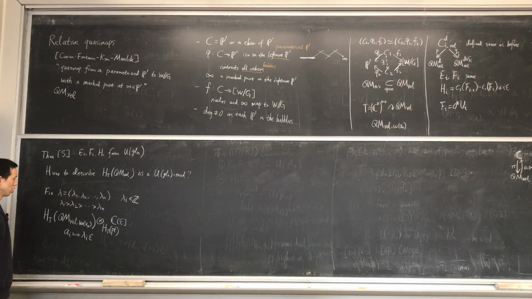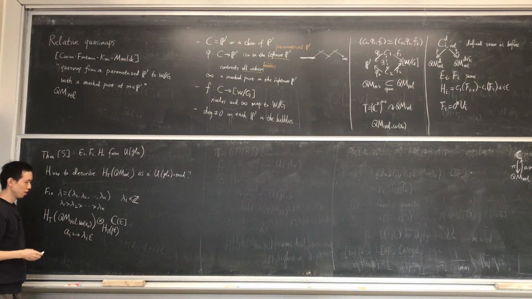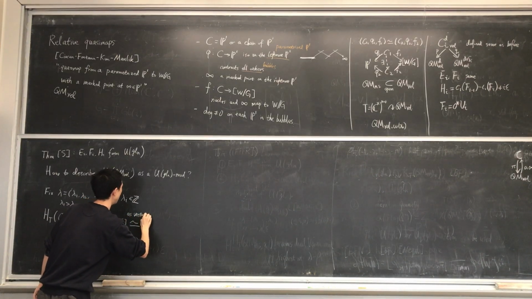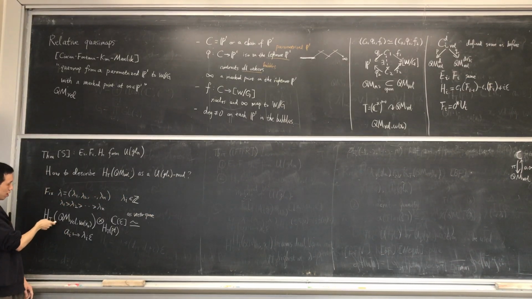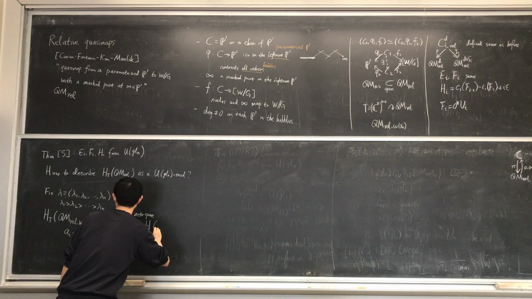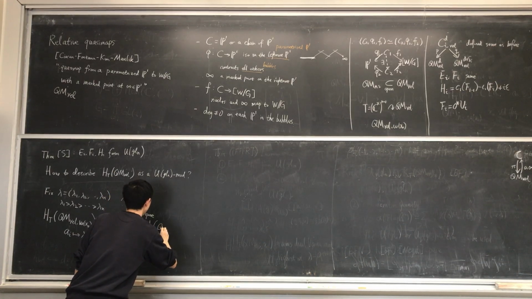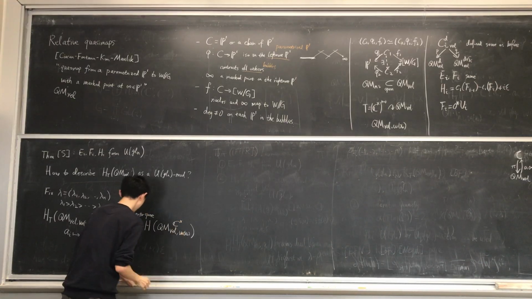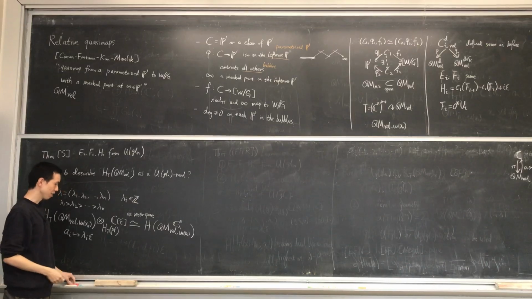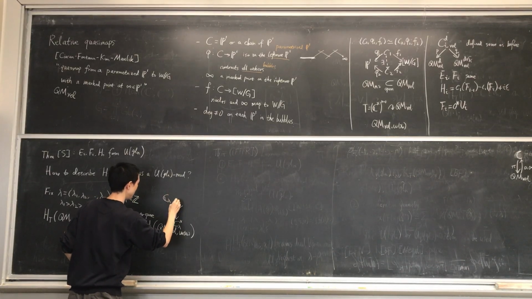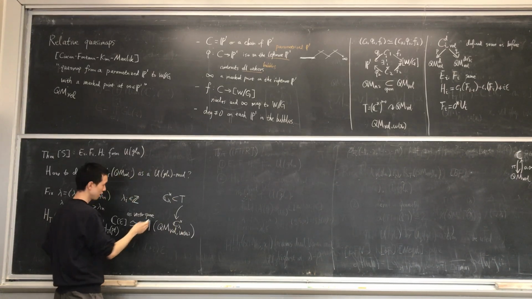So this thing, as a vector space, you can identify it with the usual cohomology of the C star fixed points of this space, where this C star lambda is a subtorus of T determined by lambda i.